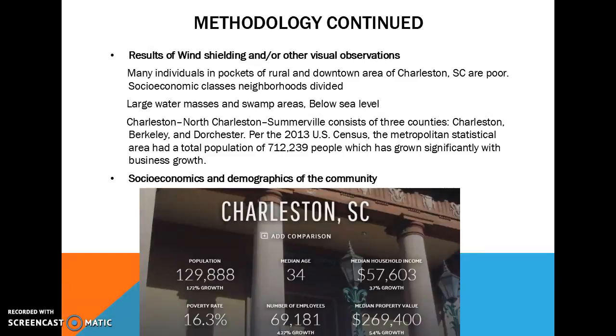The median age in Charleston, South Carolina is 34 years old. The median household income is about $57,000 and some change, with a growth of 3.7%. The average poverty rate in Charleston is 16.3%, and the median property value is about $269,000.